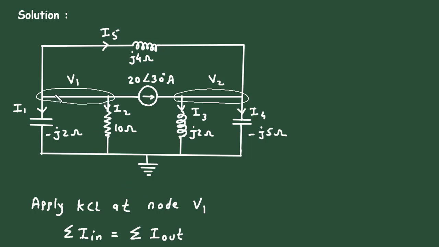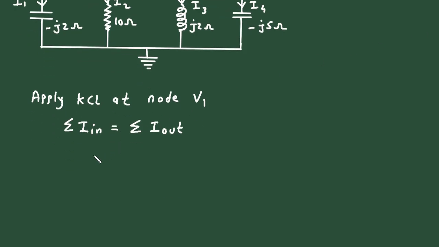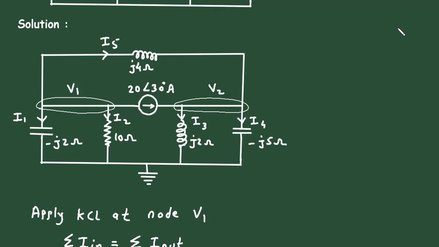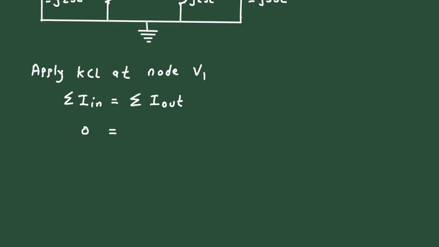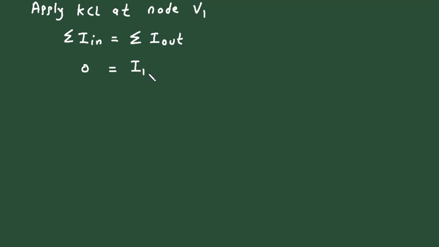At this node, there is no entering current, all the currents are leaving. So here we can write 0 is equal to, now leaving currents are I1, I2 and I5, I1 plus I2 plus I5.